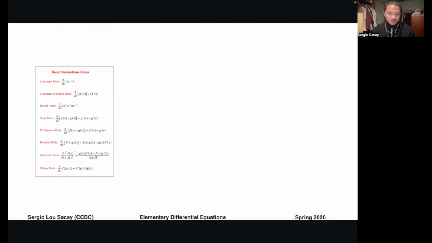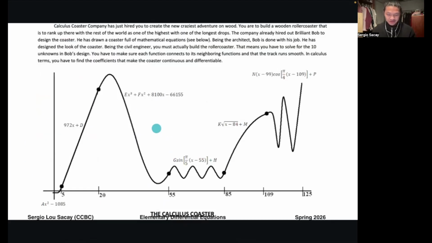If we remember from our problem stem, the model that the architect gave us has a bunch of constants. So we are going to make them all into equations.